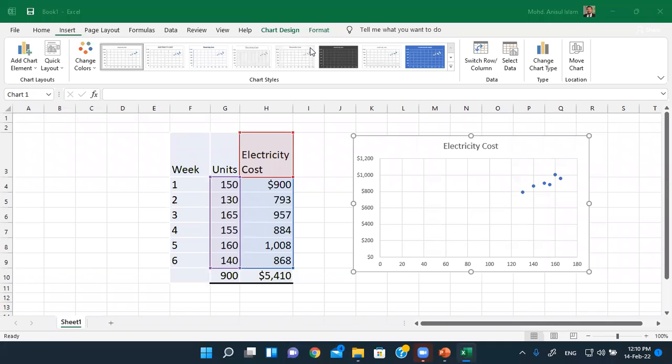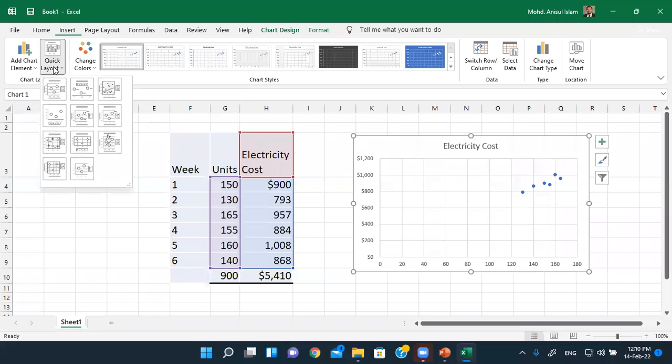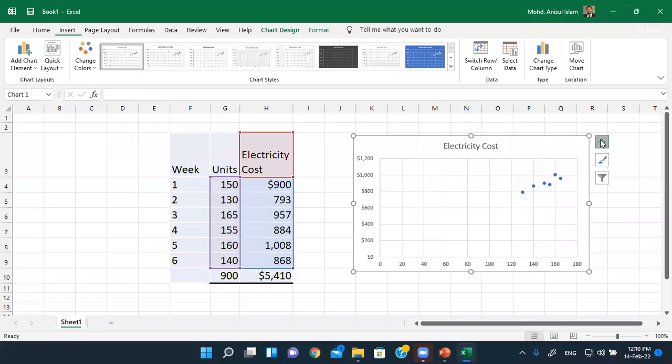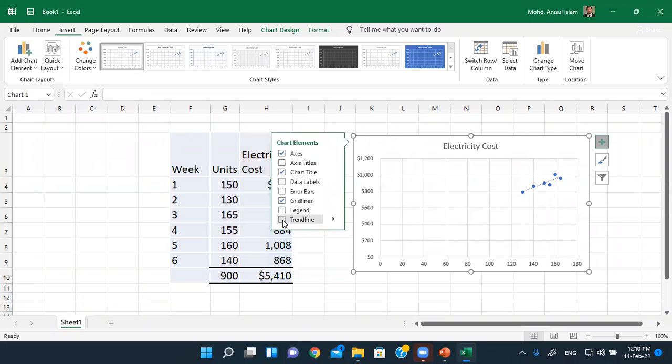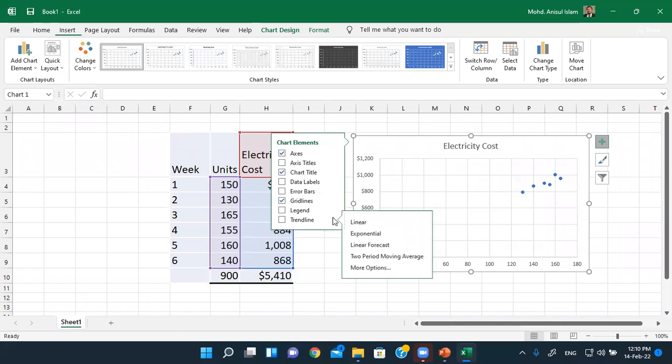If you draw a trend line, what is our expectation? I want to draw a linear trend line. So our linear trend line is here.